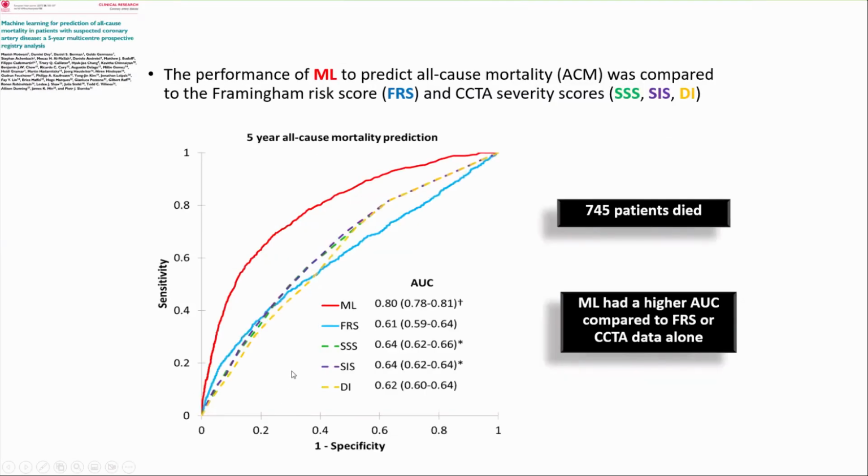And what happens when you integrate all these imaging factors with clinical data is you end up being able to significantly predict mortality much better than if you just use clinical factors alone or if you just use the CT alone.